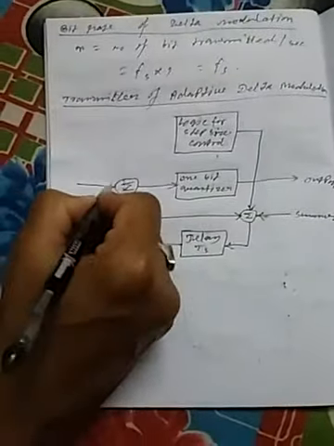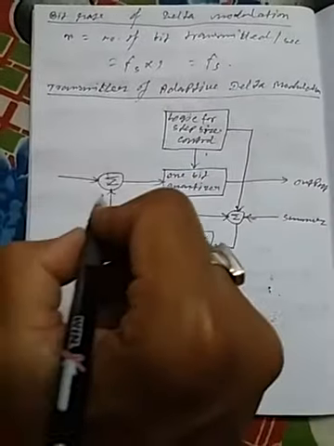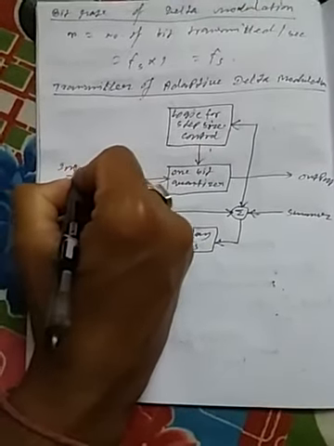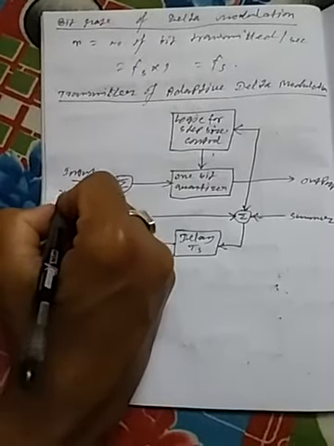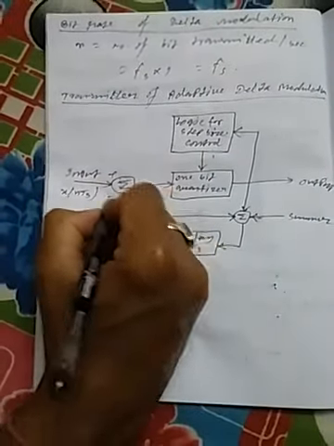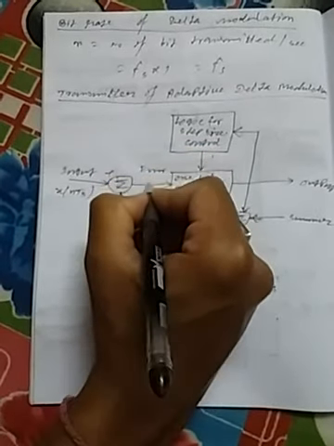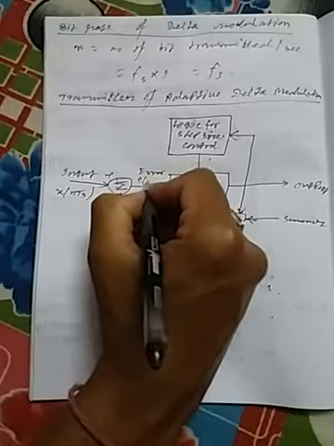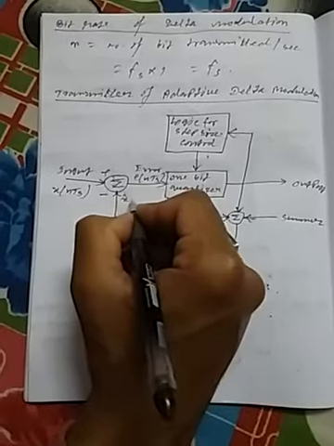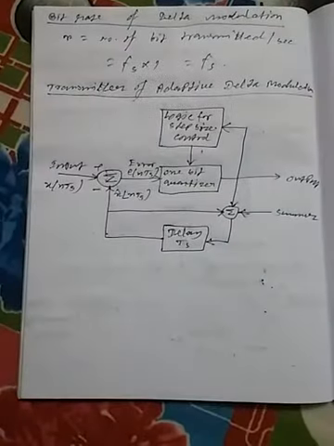Here is the input, x(nTs), and this is a negative feedback. Here is the error signal e(nTs), and this is the measured value of x(nTs).